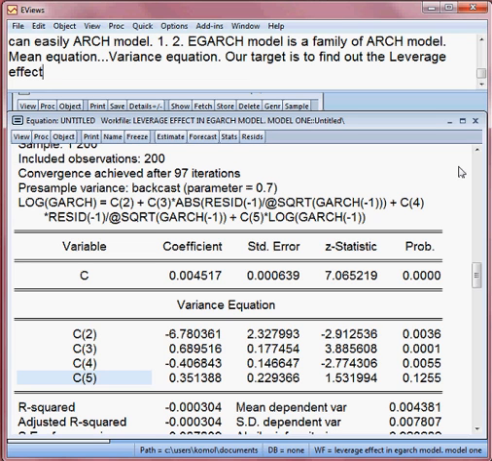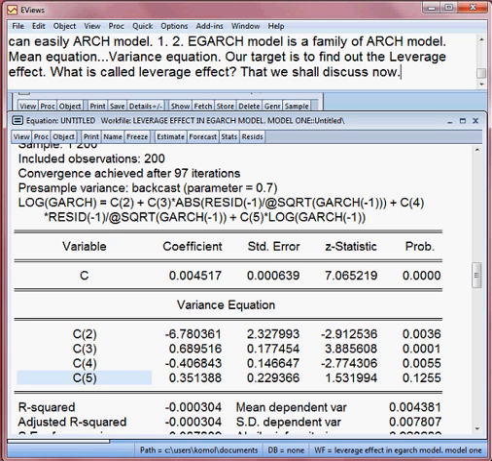And what is called the leverage effect? That we shall discuss now.